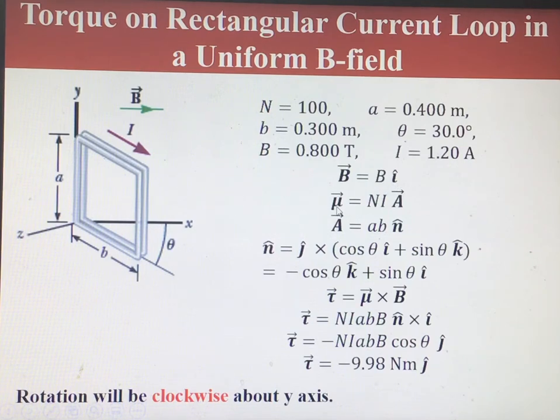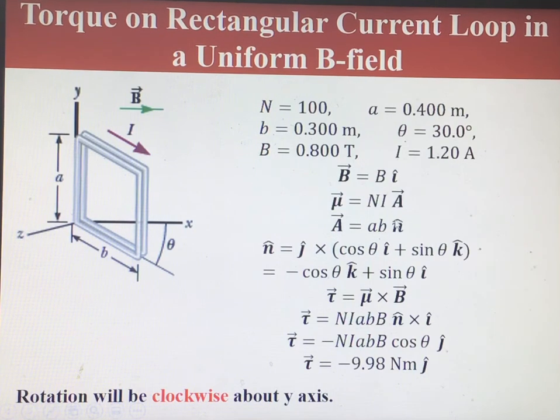Then my magnetic moment vector is given by the number of turns, N, times the current, times the area vector. If I want to calculate the area vector, then I can say that the area vector is just the length times the width times n hat.